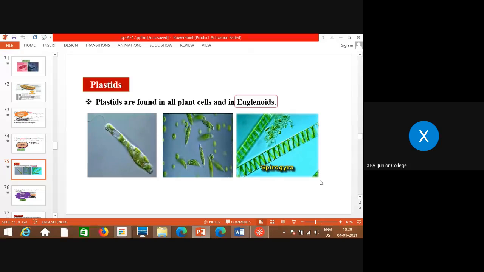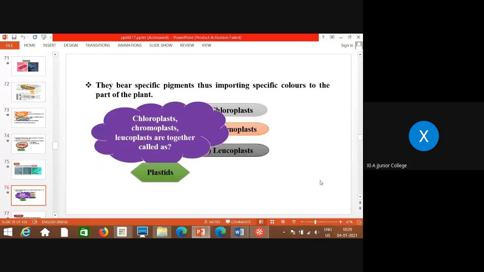They have different colors, and as per the color of the pigment present in them, they are known by different names. They bear specific pigments, and according to the color of the pigment, they are known as chloroplasts, which are green in color.